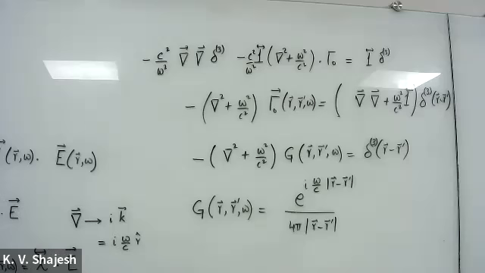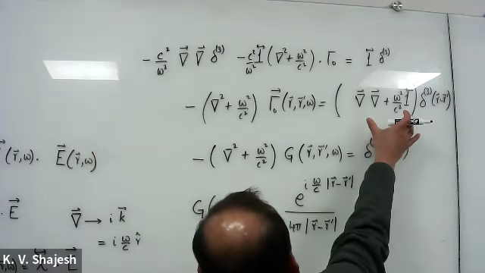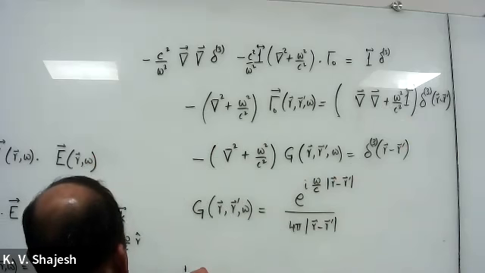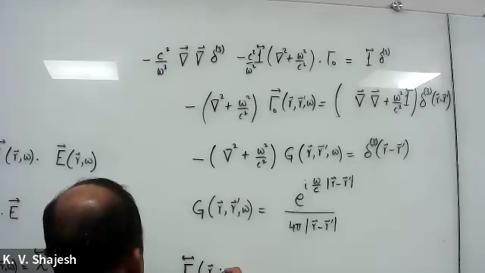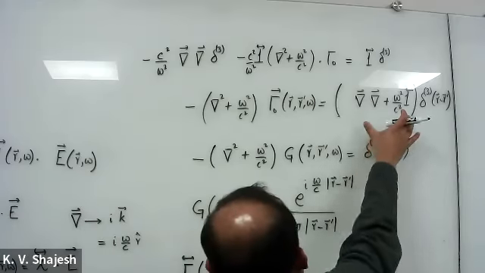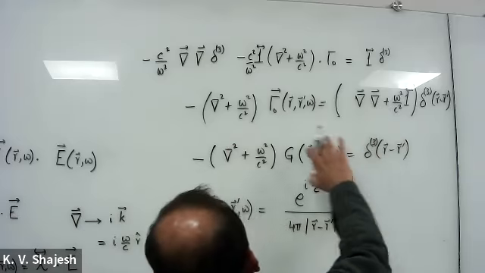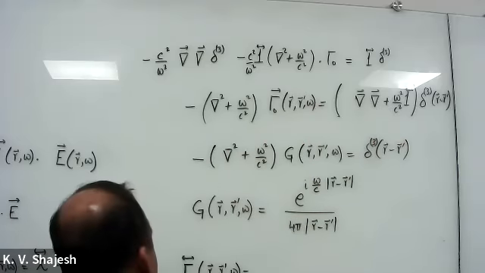So that seems to tell me that if I were to operate this from the left by gradient, the gradient, the dyadic, Green's dyadic is actually equal. So I just have to operate this on the left, right? So if I put this on the left, and then that's my G, right?